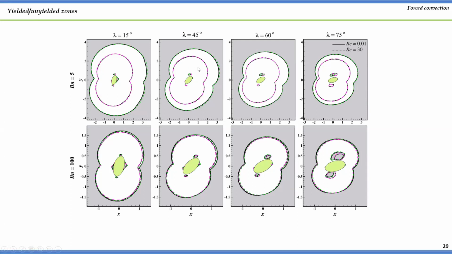In such material we are not able to see any velocity gradient, so there is no mixing, or mixing is very slow because of diffusion only. Such yielded and unyielded zones basically give us an idea of how mass transfer and heat transfer will be affected by the presence of such variation in the zones.